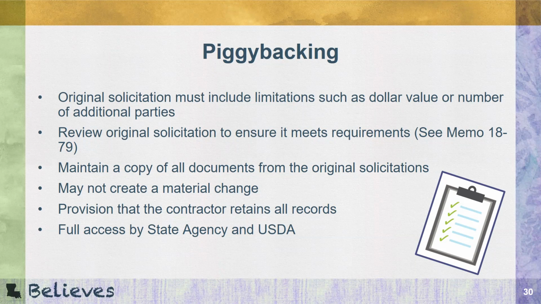When an SFA piggybacks onto an existing contract of another SFA that was joined after the original contract was awarded, the SFA has to make sure the original solicitation and contract included all the language for the additional parties and specified applicable limits, either by stating the number of additional parties or the dollar value.